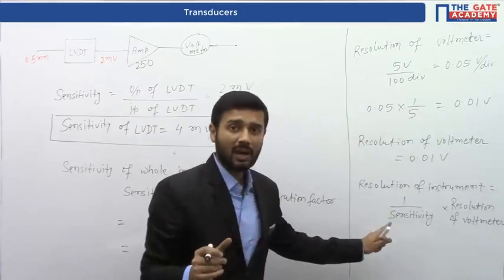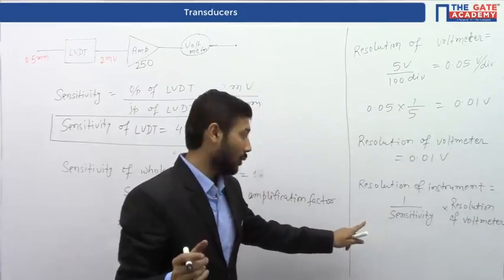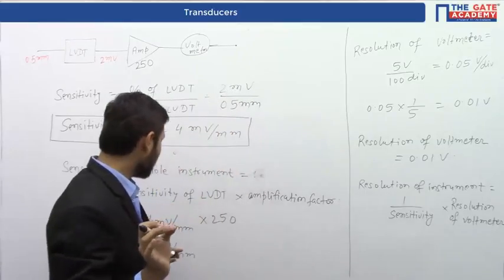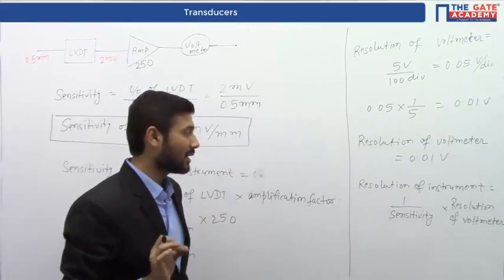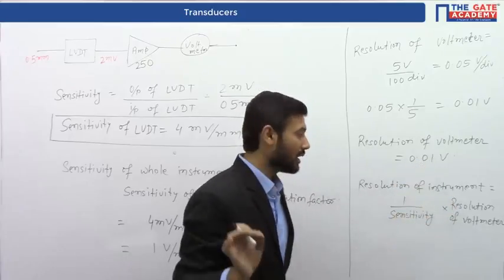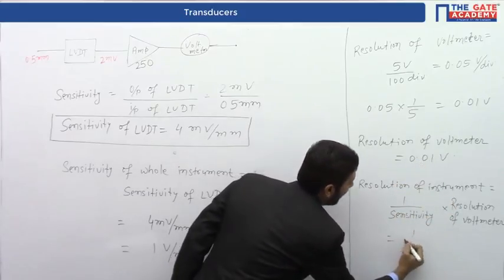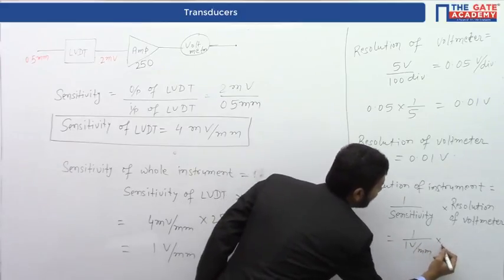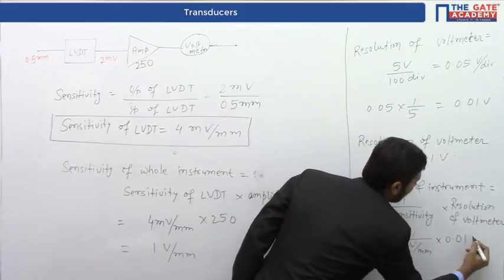We have already found the value of the sensitivity, which is 1 volt per millimeter, and we have got the resolution of the voltmeter as 0.01 volt. So I am writing directly 1 by 1 volt per millimeter times 0.01 volt.